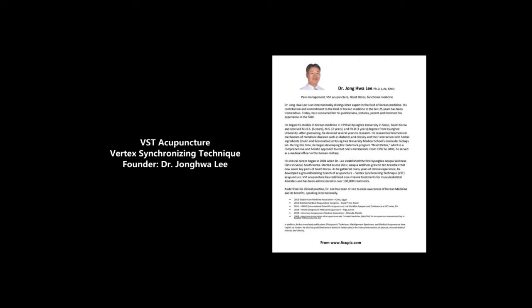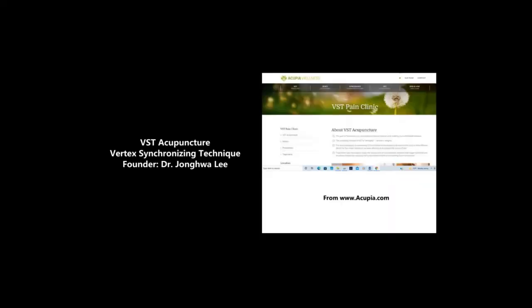And then from the Acupuncture Wellness Center on VST Acupuncture, about VST Acupuncture, the goal of treatments is to restore biomechanical balance when treating musculoskeletal diseases. The underlying concepts of VST is tensegrity, tension plus integrity.